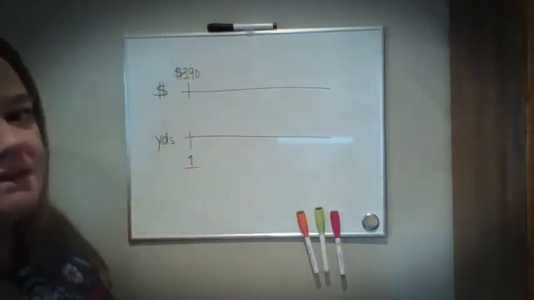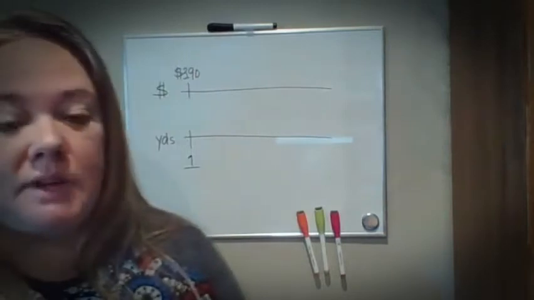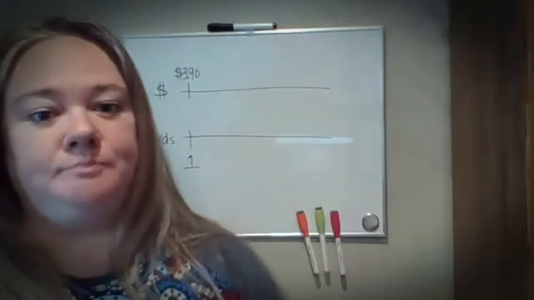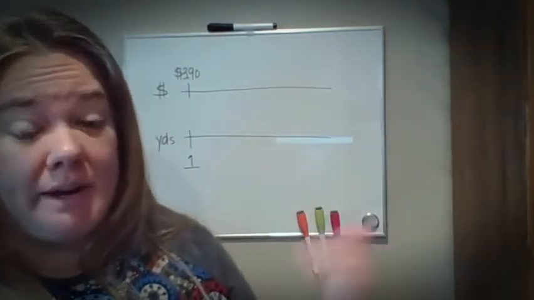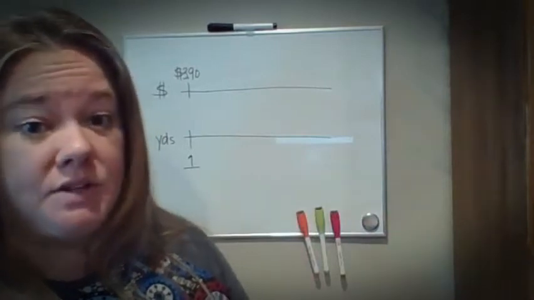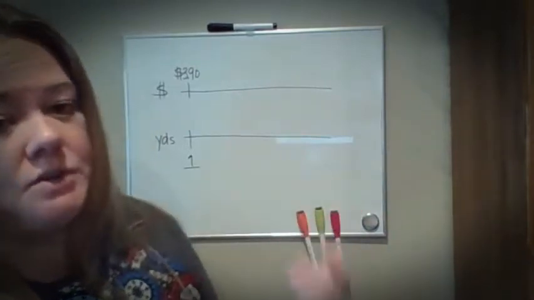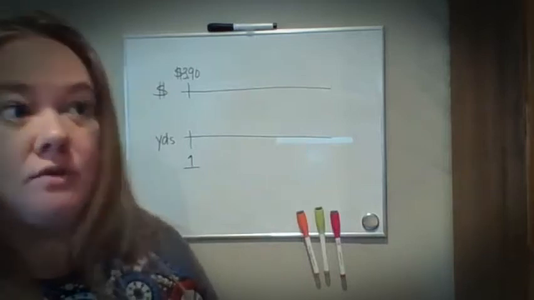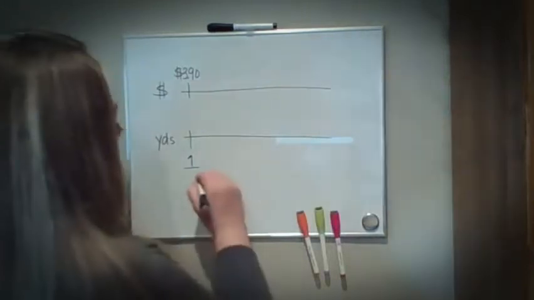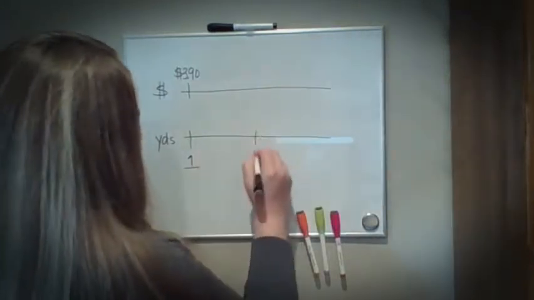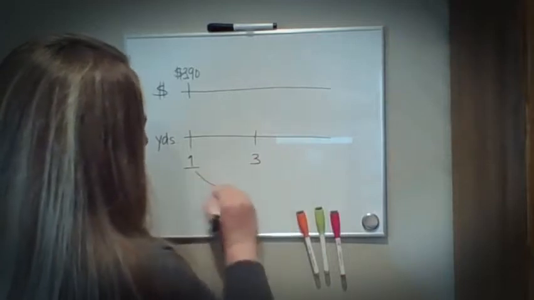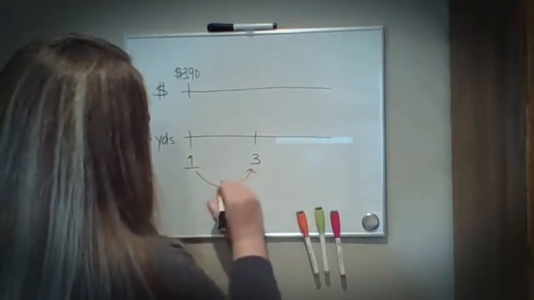So if I was going to make this into a table, I would just switch it and do this vertically. So if I'm going to find 3.5 yards, the first thing I can do is go from 1 to 2 if I want to, or I can just go from 1 to 3. So I can get all the way to 3 yards through a simple multiplication of 3.